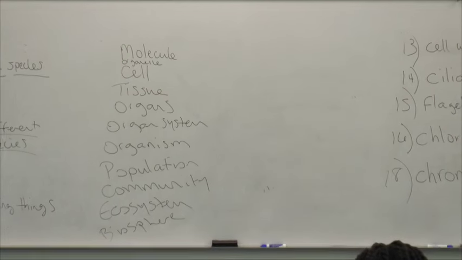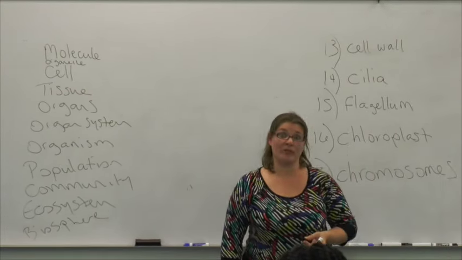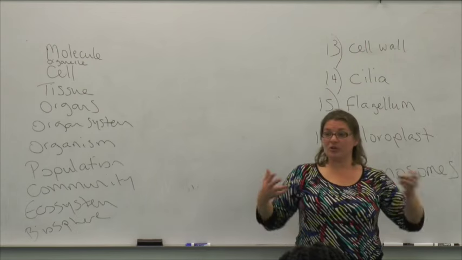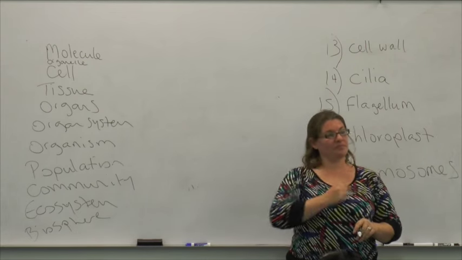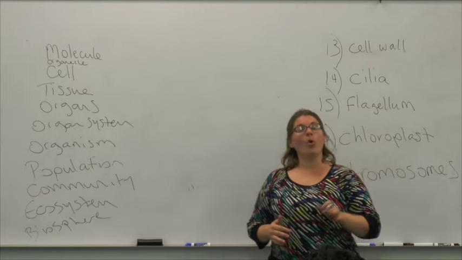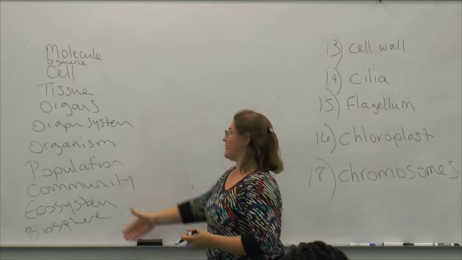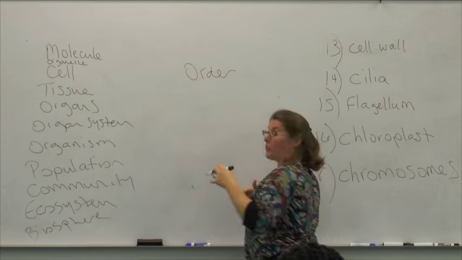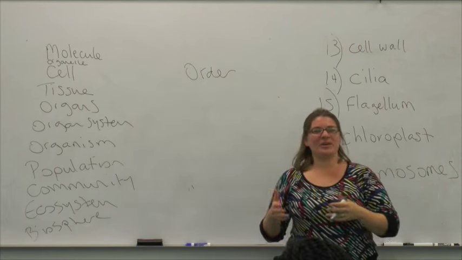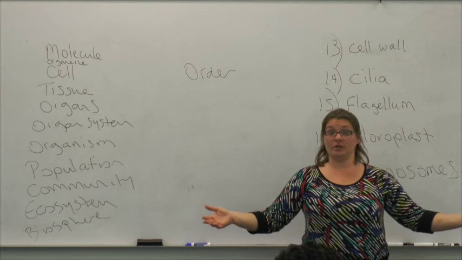Okay? List at least 3 properties that unify life on Earth. There was, I think, 7 that we went over. If you saw a question like that, could you give me 3? What are some of those properties, guys? Okay, so order, right? There's an order to life. Order. What else? You don't have to give it to me in order. But what else? What are all organisms on Earth capable of?